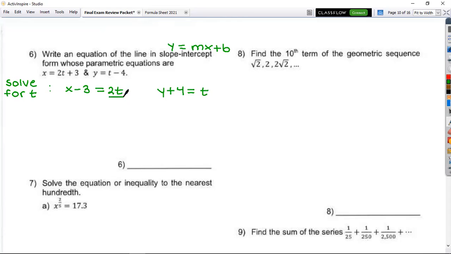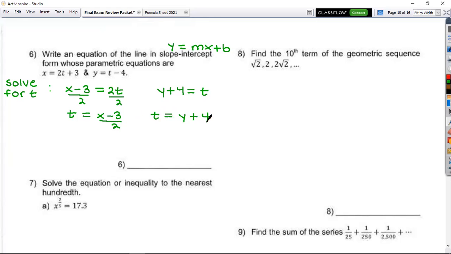So I'm going to divide by 2, divide by 2. So t is equivalent to x minus 3 over 2. And over here, t is equal to y plus 4. So next step is you're going to take these, set them equal to each other.